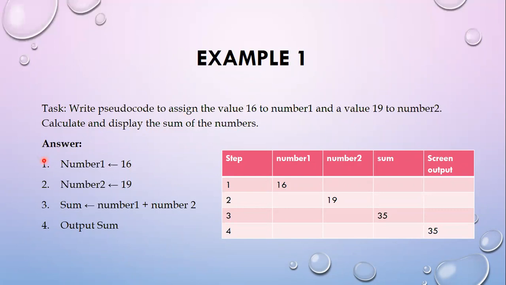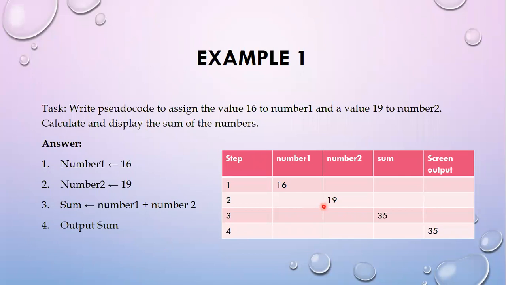So in pseudocode, I would write there 16 assign number 1, 19 assign number 2. Here's my process: number 1 plus number 2 must be assigned to sum. Okay, no paragraphs. It is just the instructions in pseudocode. Step 4, output the sum.